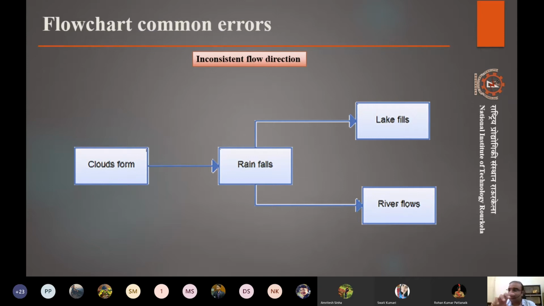In that sense, after rain falls, more processes will happen, but in a chronological order. That is an important thing that a flowchart has to cover. So consistency in flow direction has to be maintained. Sometimes many things are done in parallel, so we forget how to do that, but we have to take care.